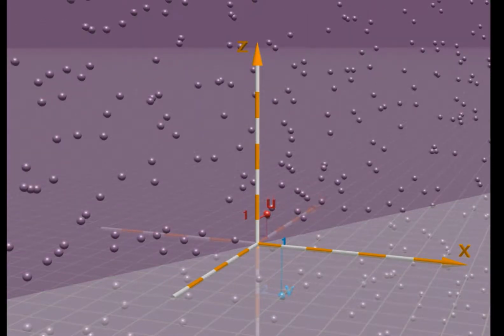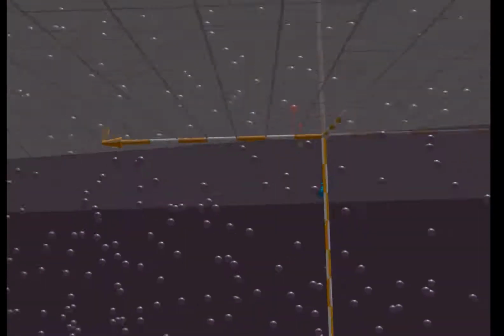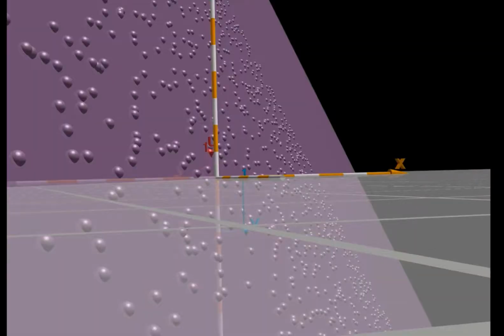Here there are a few thousands of them, and from this angle we cannot see if they all lie on the plane, but if we scroll the point of view around, we can clearly see that they are all lying on the plane. So that is the evidence of the fact that indeed u and v are linearly independent, and they are a basis of the plane A, the subvector space A.